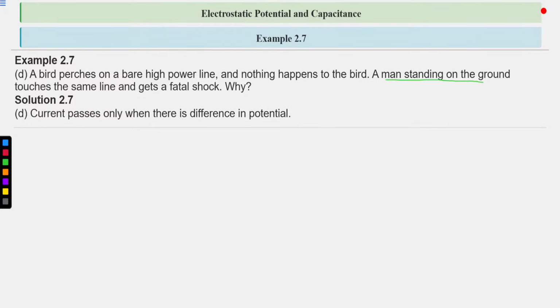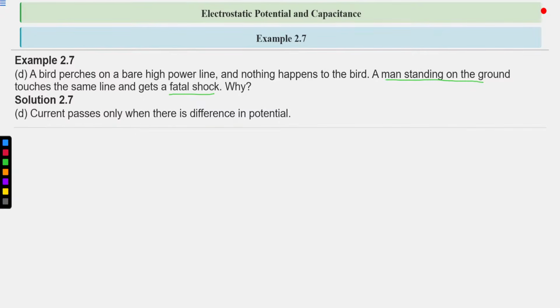The potential of the ground is considered to be 0. So there is a potential difference between your hand and feet. If there is a potential difference, current starts to flow through your body. High current starts to flow through your body. This will result in a fatal shock.